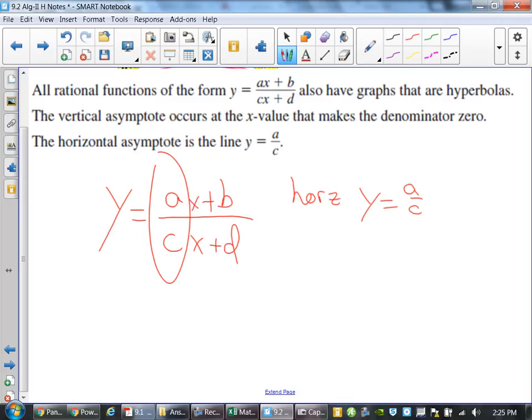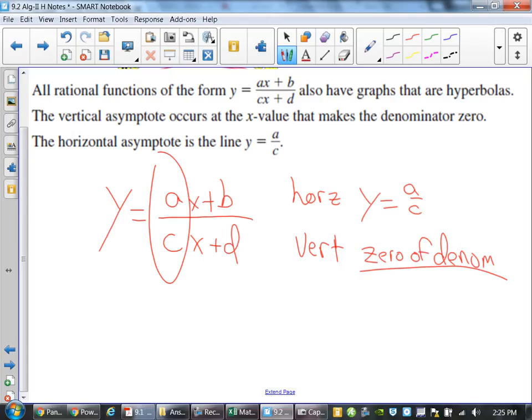Your vertical asymptote never changes. It's always the zero of the denominator. That never changes. The zero of the denominator will always give you your vertical asymptote. Your horizontal asymptote in this case is just the leading term coefficients.